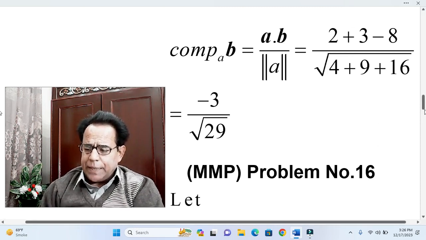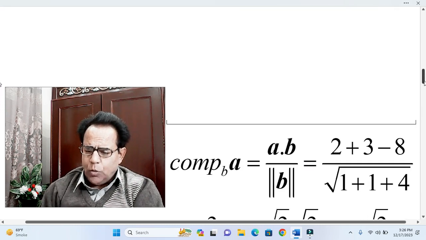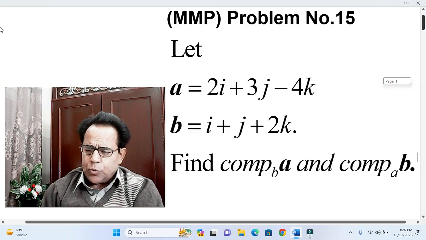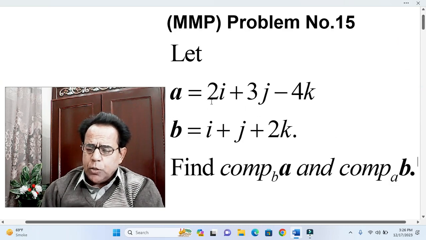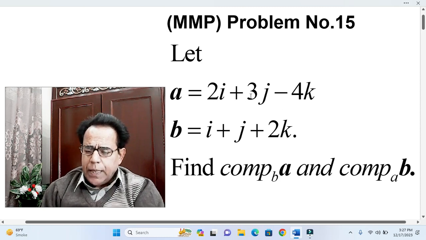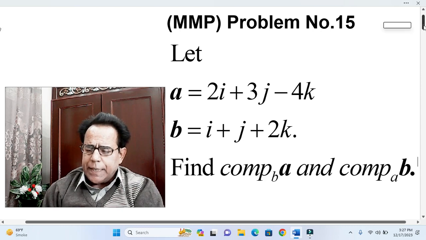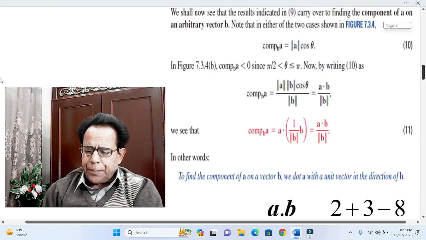Here A magnitude: 2 squared is 4, plus 3 squared is 9, plus 16. 4 plus 9 is 13, and 13 plus 16 is 29.